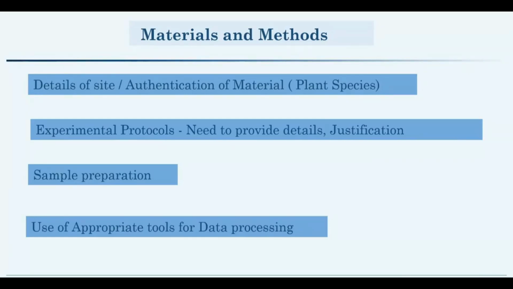So try to find out the institutes or the laboratories where you will get these facilities. But for the basic data processing, for example, ANOVA, correlation, regression, similarity and dissimilarity matrix, for all these things, SPSS is more than enough, or even you can go for Excel or SPSS.